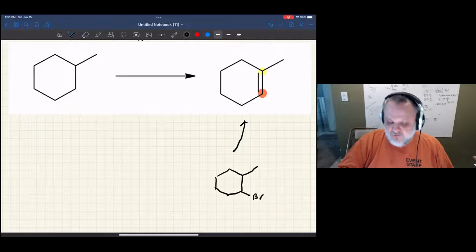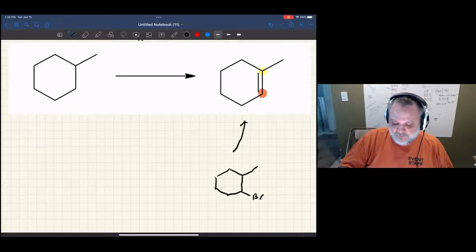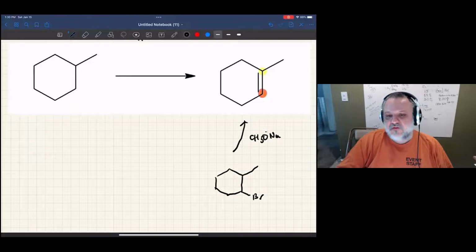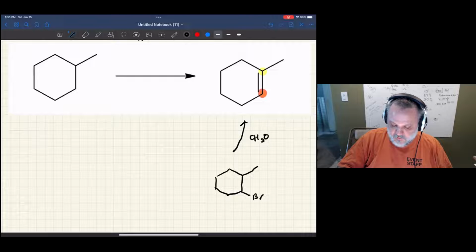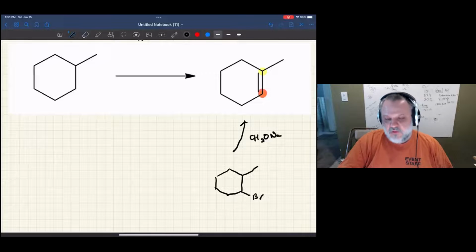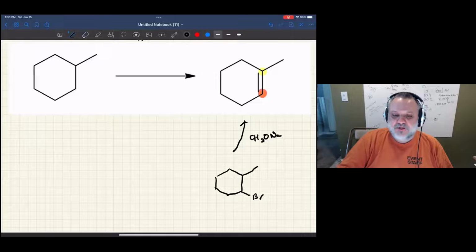And yeah, if I use a small base like methoxide, like let's use some sodium methoxide, then I certainly would get the product that I'm looking for from this reaction.